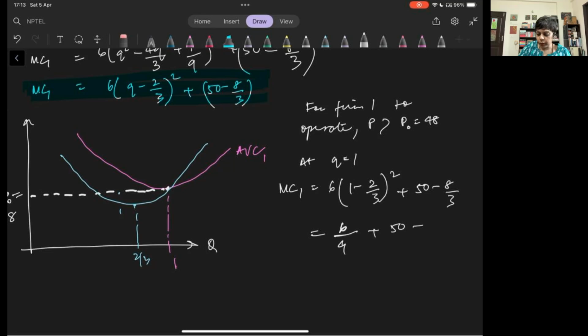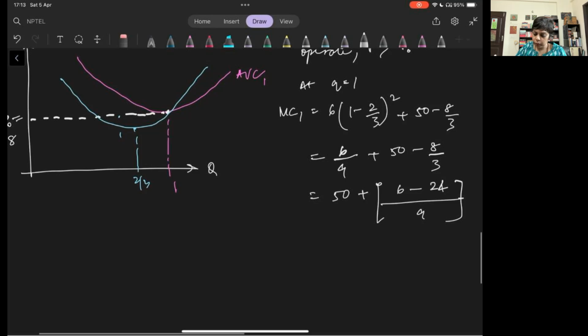You can simplify this. 8 into 3 is 24 by 9, 18 by 9.